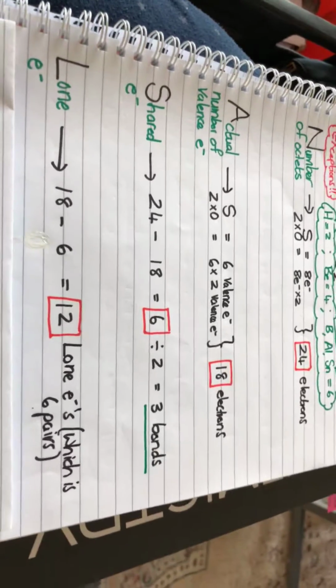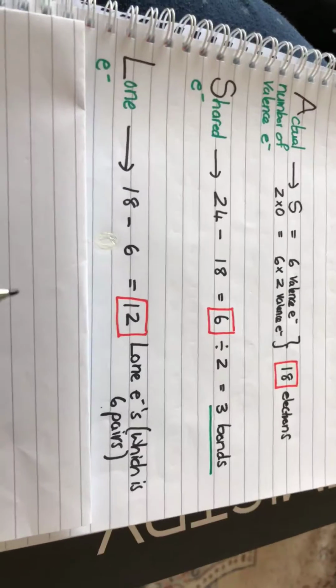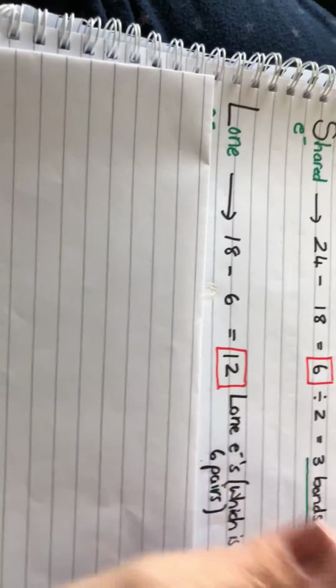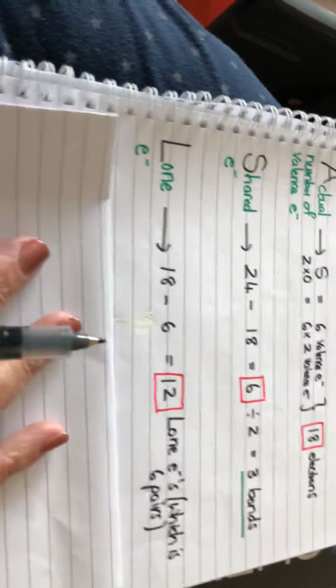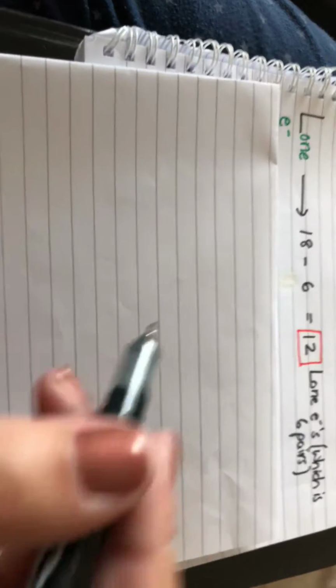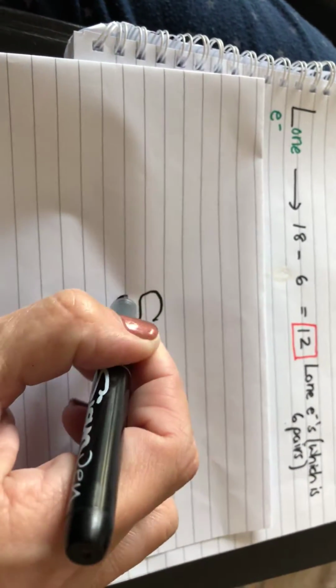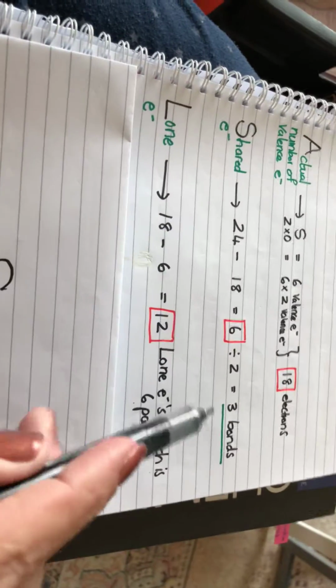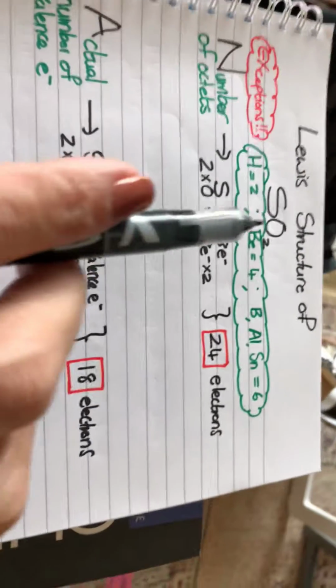Now, to draw this Lewis structure, I need to have 3 bonds. So I will have my center atom. The center atom is always going to be the one furthest away from the fluorine. So that would be the sulfur. Sulfur is going to be my center atom, and it needs 3 bonds. If I look at my formula, I see that I need 2 oxygens.